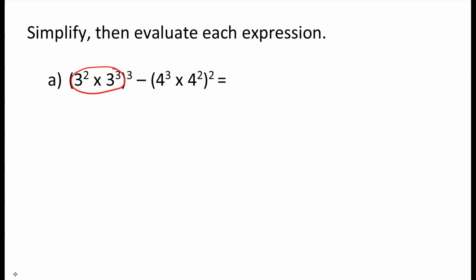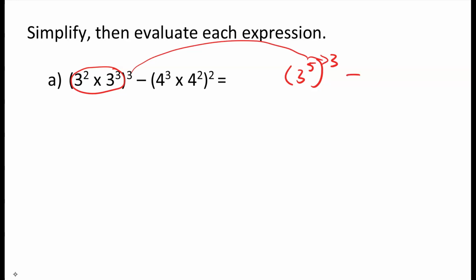In our earlier lesson, we learned that if you have a multiplication of the same base to different powers, you're going to add that together. So 3 squared times 3 cubed will get us 3 to the power of 5. Closing the brackets, and we have to the power of 3, which comes over.